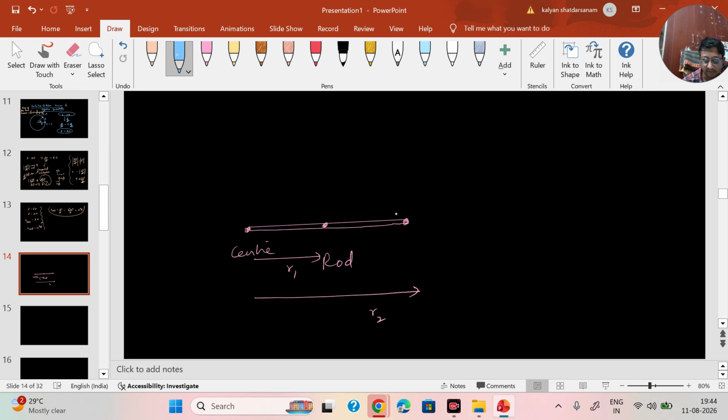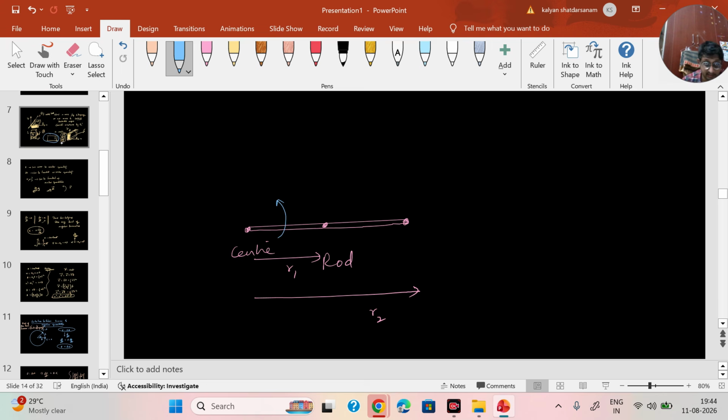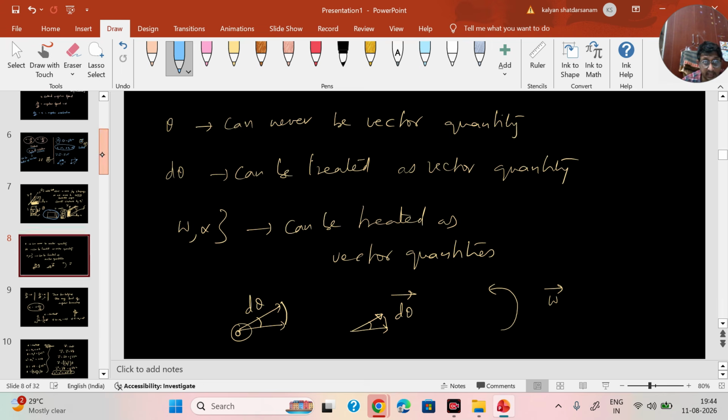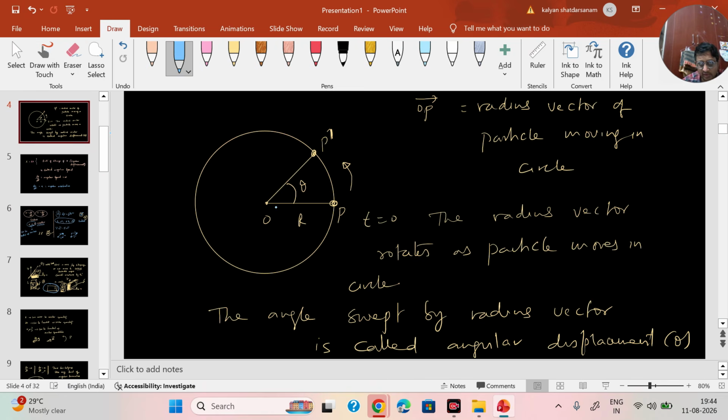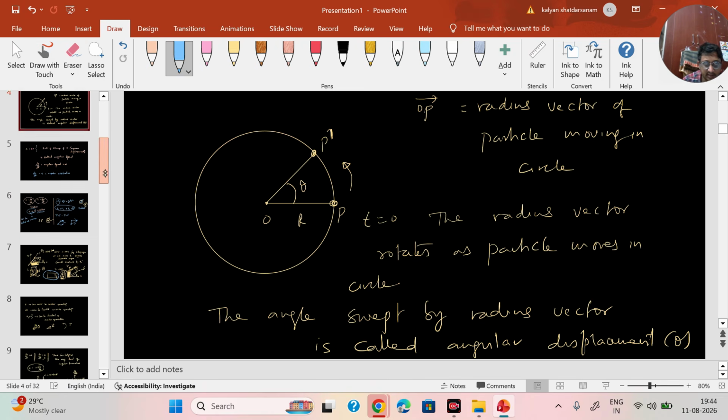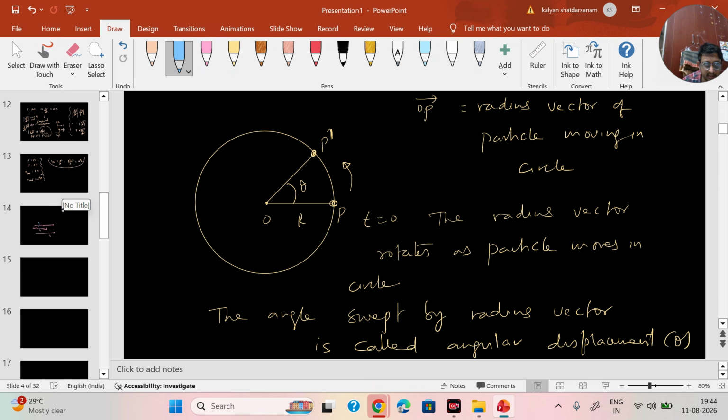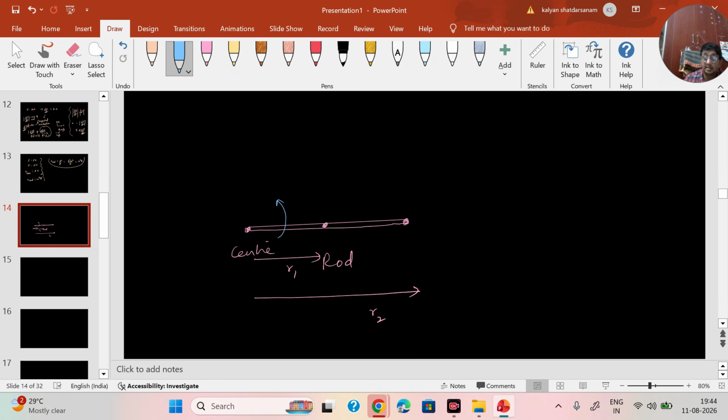And this rod is rotating. So the rod is basically now some kind of, like we saw in our previous case, the radius vector, which is the line joining center to the particle. So here the rod is looking like a radius vector, but there are two particles here.